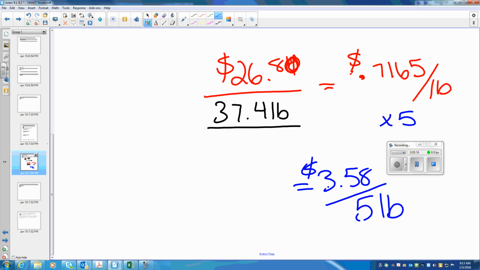Right, because that really means that slash means per, right? So it costs $3.58 for every 5 pounds, right? And usually, where's my co-op kids? 5-pound bags, 10-pound bags, right? So usually, sometimes you have 5-pound bags, 10-pound bags, but usually you get cheaper as you go up in your poundage, right? If you take a 10-pound bag, you're going to pay less per pound, right?